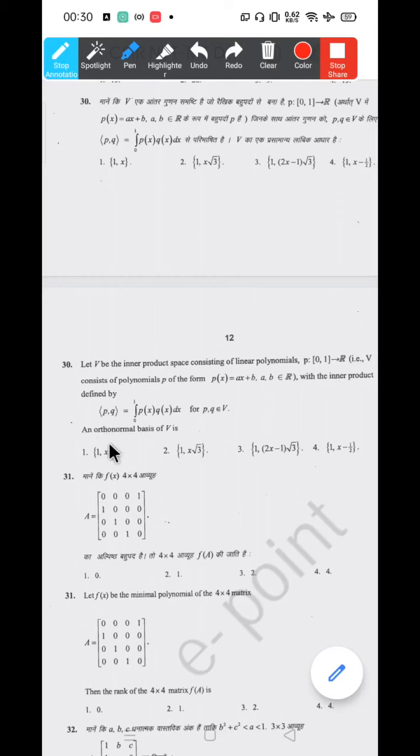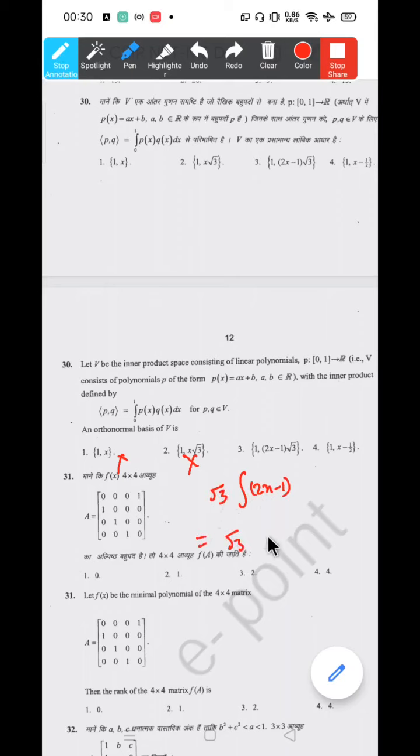We just need to say whether first they are orthogonal. 1 into x, if I take, it will be x, and integrating x from 0 to 1 gives x square by 2, that is not 0, so this is not orthogonal actually. What about this? Integration of 2x minus 1, take root 3 outside, I think this will be 0.